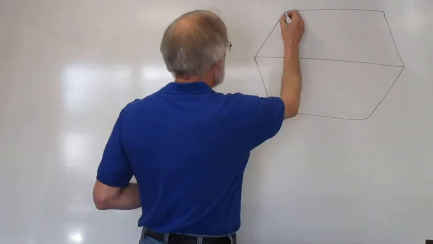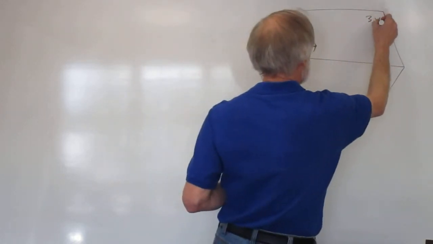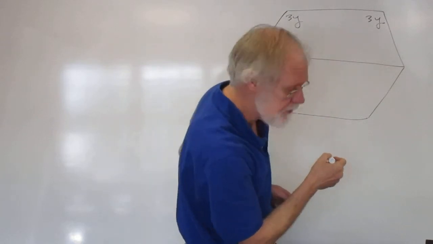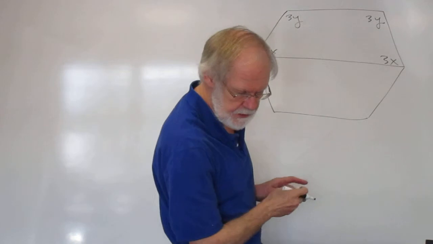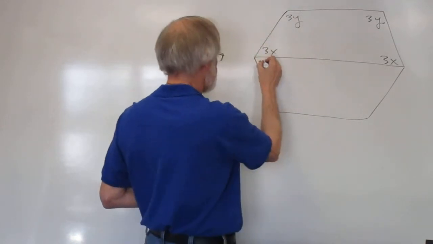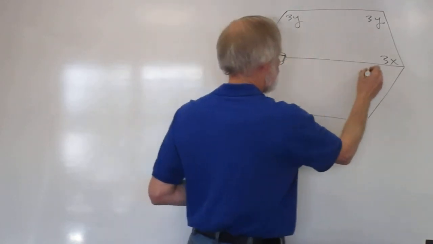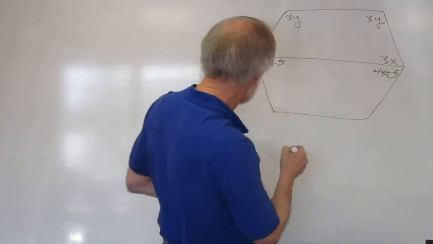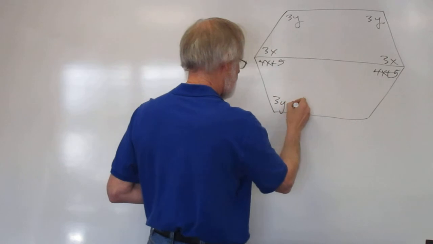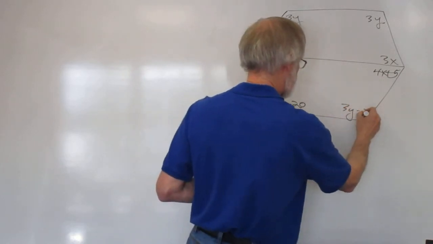This is 3y, 3y. Down here is 3x, 3x, 3x. And here you have 4x plus 5, 4x plus 5. And these two are 3y minus 20 and 3y minus 20.